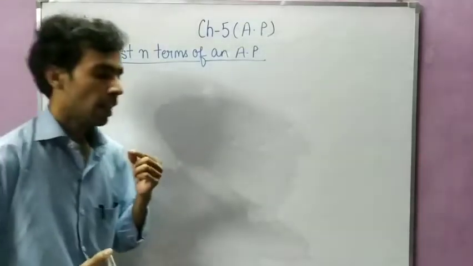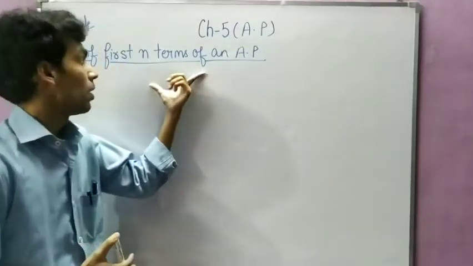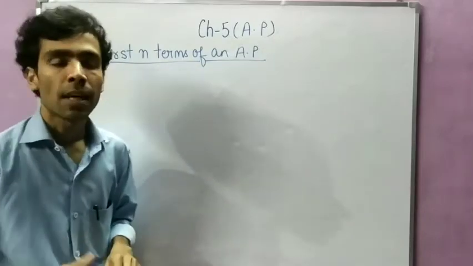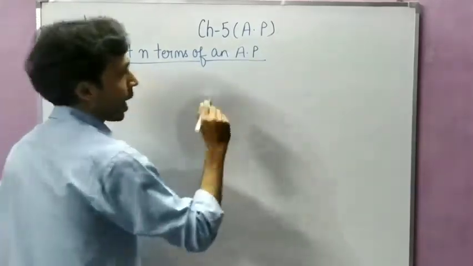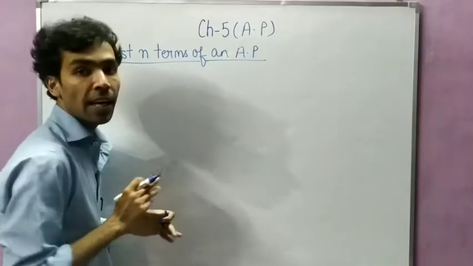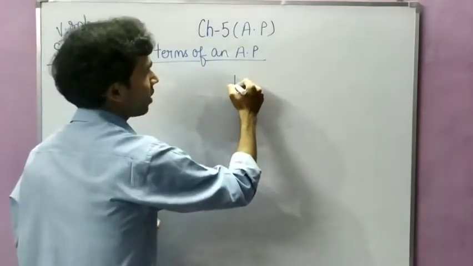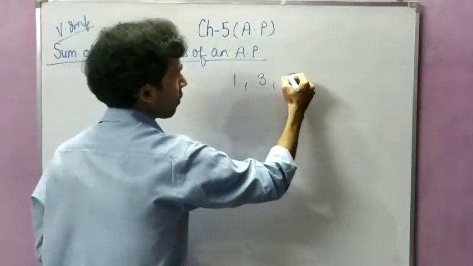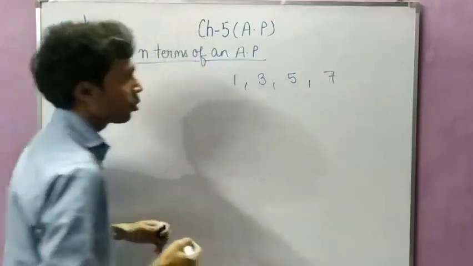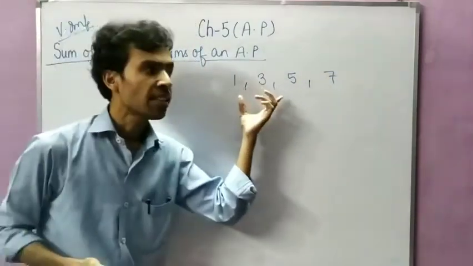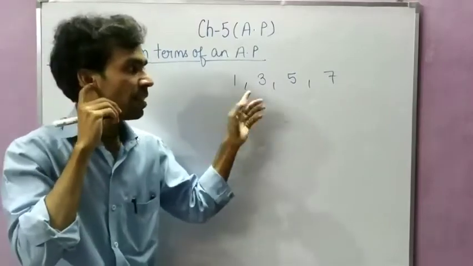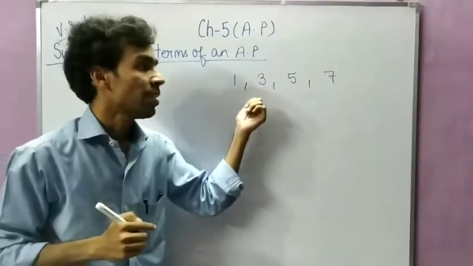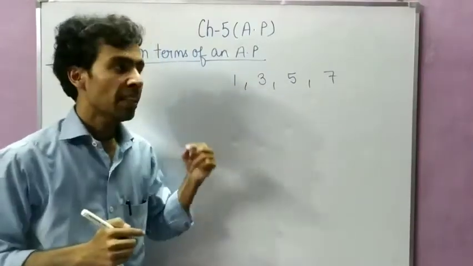Let's understand this concept with the help of one example. Suppose I have a series which is in AP. Suppose it is 1, 3, 5, 7. See students, after seeing this sequence we can say it is in AP. Why is this in AP?